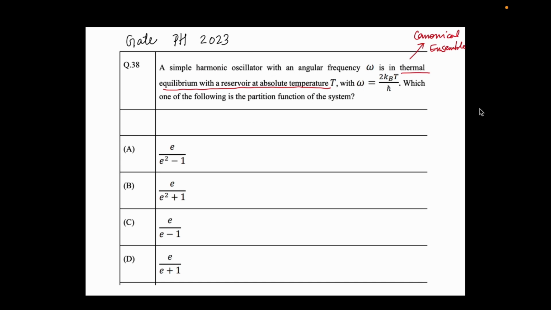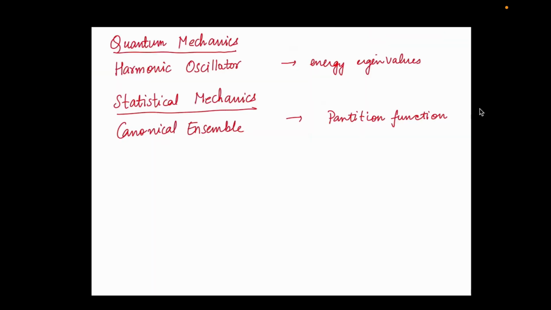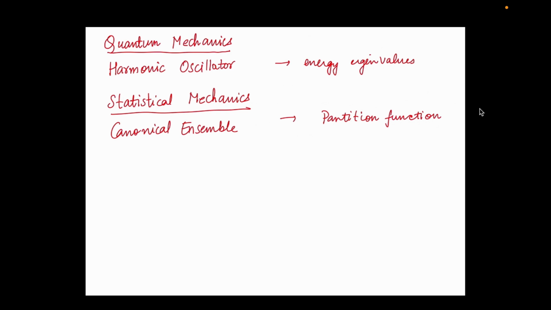Now we have to find which is the correct partition function of the system. So let's start. The partition function is the sum over all the eigenstates of e to the power minus beta Hamiltonian.